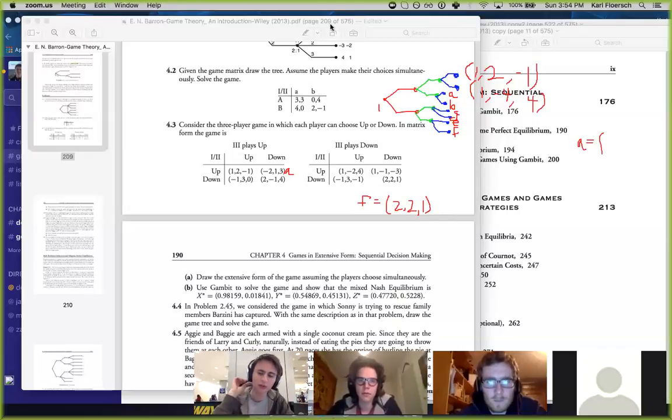I think it would be cool if we found the Nash equilibrium doing the backwards thingy. Oh, but does this assume something about which order they choose? Oh, it's all chosen simultaneously.